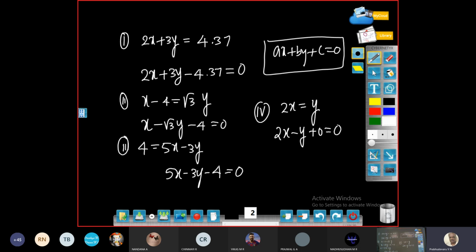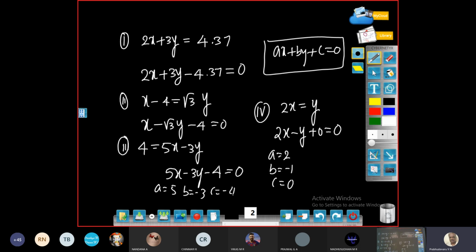See here 0. What is the value of a, b, c now? If I ask you, a is equal to 2, b is equal to minus 1, c is equal to 0. If we ask you to write down what are the values of a, b, c, then a is equal to 2, b is equal to minus 1, c is equal to 0. In this example, a is equal to 5, b is equal to minus 3, c is equal to minus 4.